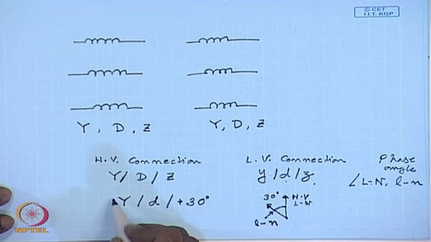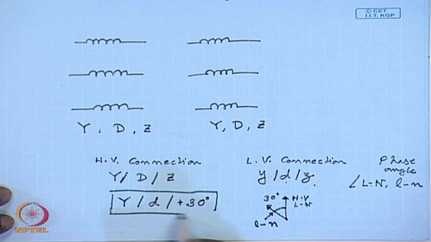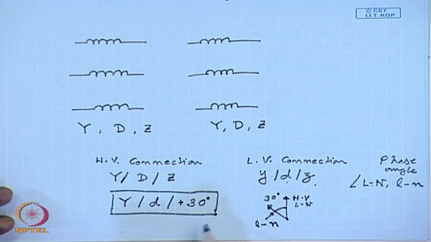So, this kind of specification is called the phase group specification of a 3-phase transformer. The phase group specification involves 3 specifications. One is the connection of the high voltage winding, connection of the low voltage winding, and the phase angle between line to neutral voltages of low voltage winding with respect to the high voltage winding.